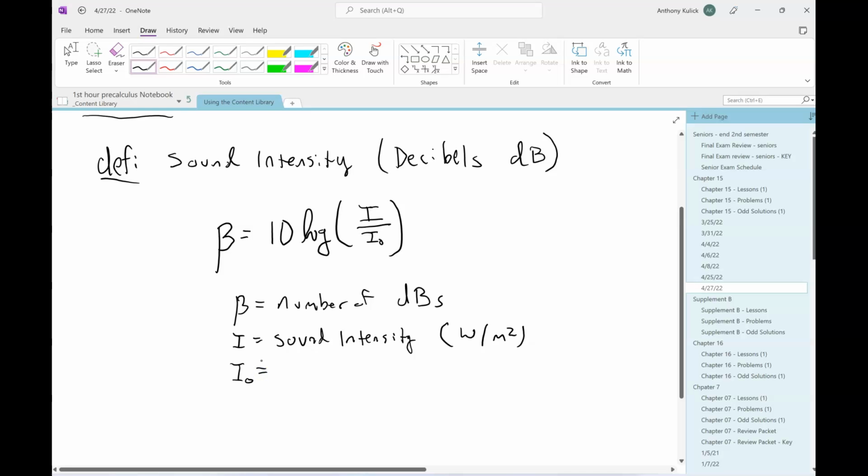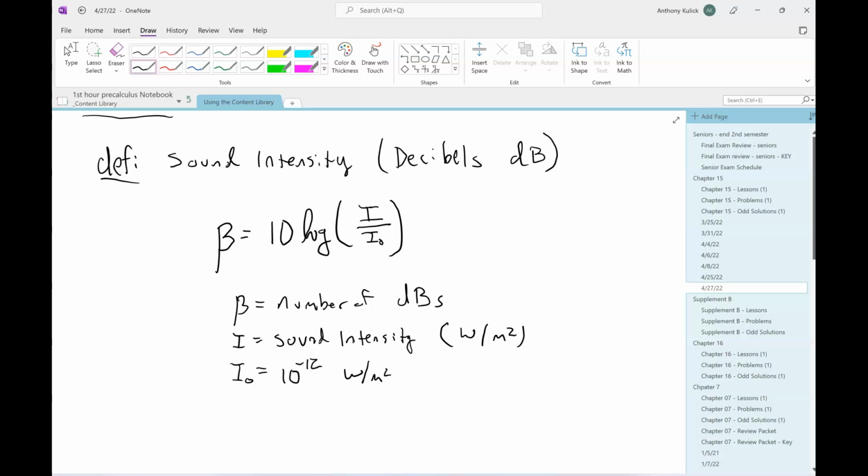And I naught is a constant. I naught is always 10 to the negative 12 watts per meter squared.